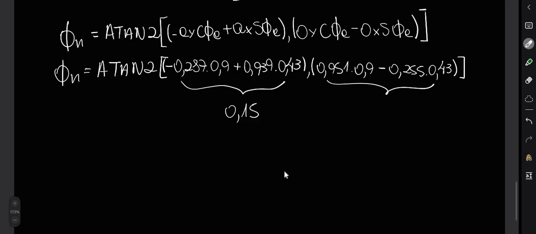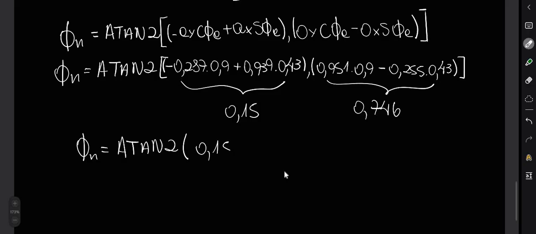And right here we got 0.746. Okay, phi n is equal to atan2 of 0.15 and 0.746. Now let's use Octave and see what we get.